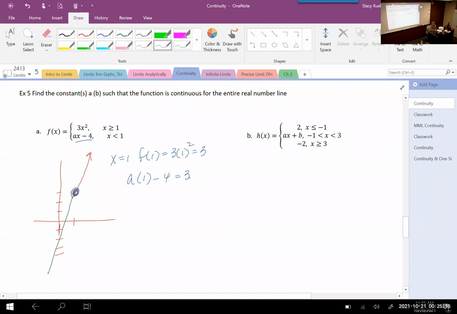So I'm using the same point for x, 1, and the function value of 3, 1 comma 3, and I'm replacing it into that linear equation that you see there. Getting rid of all of the unknowns except a, which is what I want to solve for. So in other words, when I add 4 to the other side, a would be equal to 7.